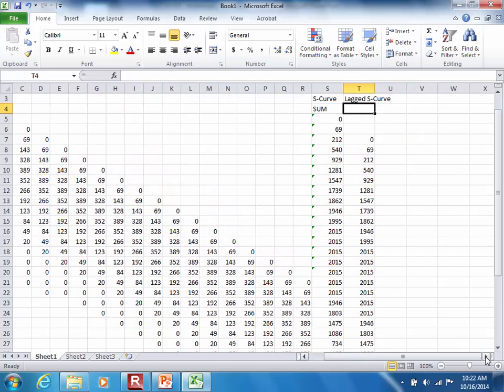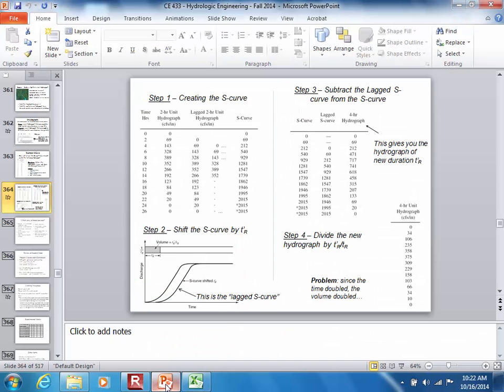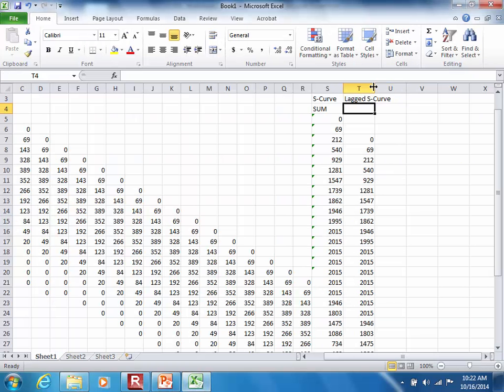Okay. And now we have to subtract the two. We have to subtract the lagged S-curve from the original S-curve that we calculated. So for this next one, I'm going to call it S-curve minus lagged S-curve.